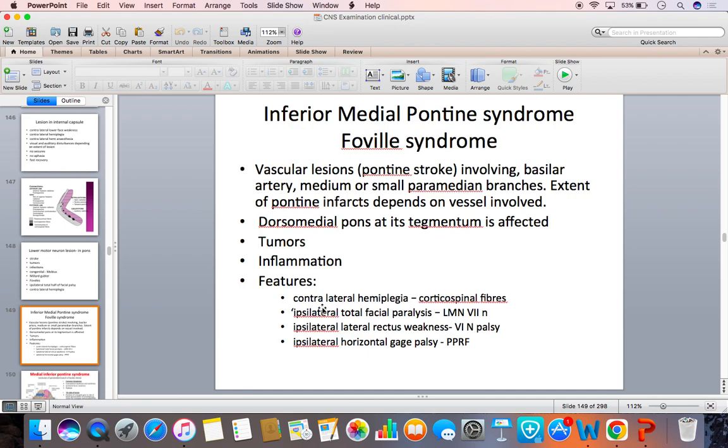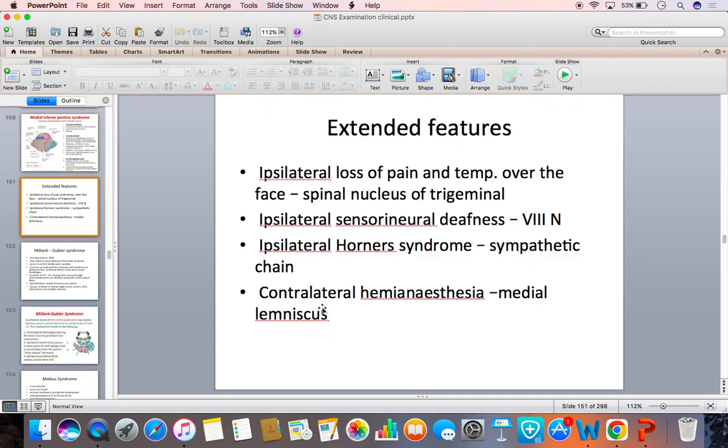Sometimes this lesion could be a little bit extended, resulting in injury to other structures in the pons, like ipsilateral loss of pain and temperature, because it involves the nucleus of the trigeminal nerve, that is the spinal nucleus.